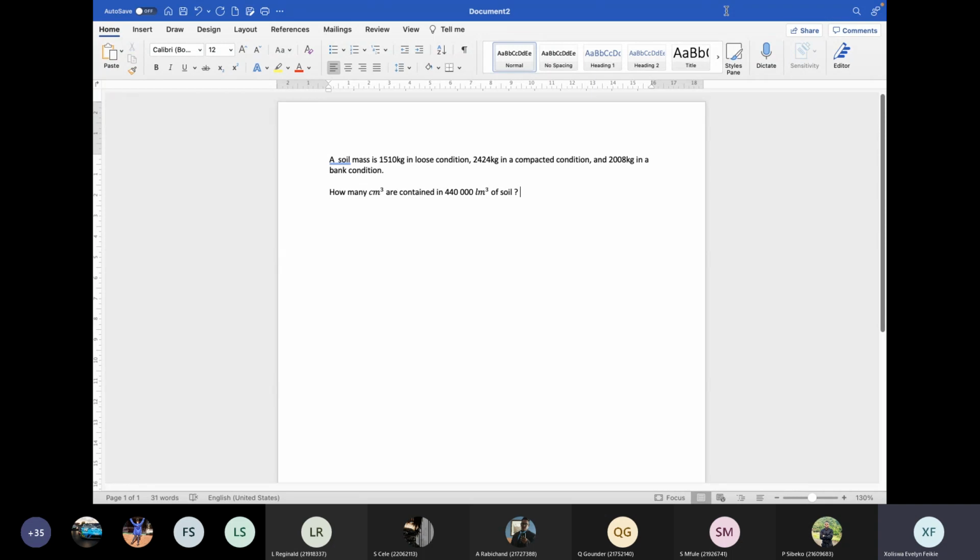Here they just give you the information and ask for the volume in cubic centimeters, and that's what you need to determine. I'll give you 2 minutes, or maybe one of you can indicate what is a way forward of solving this question.